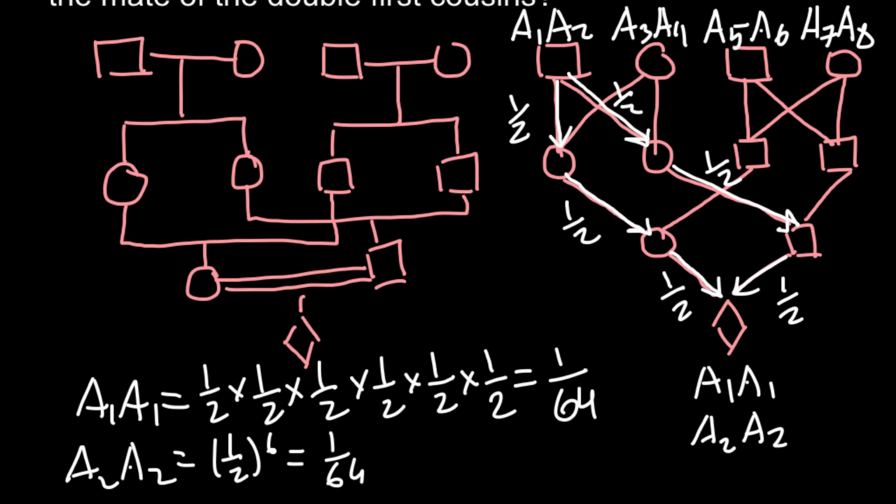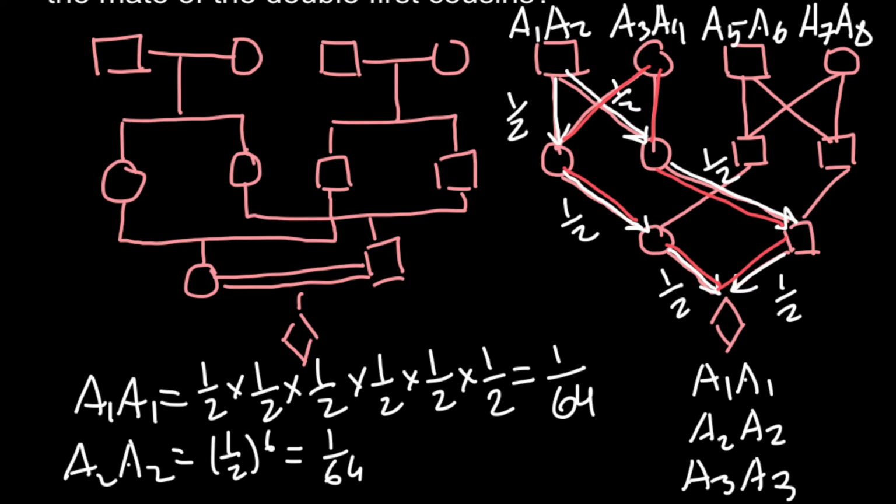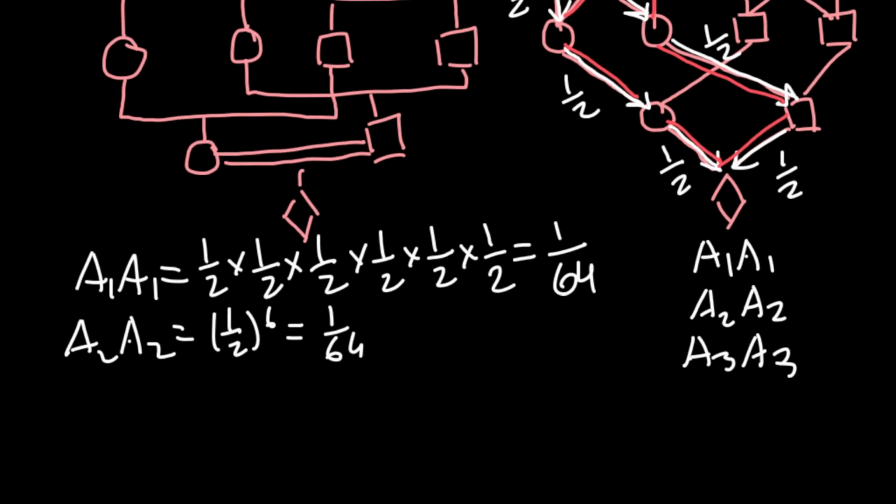This is going to be 1, 2, 3 first variant, and 1, 2, 3 second variant. But nevertheless, as you see, to be homozygous for the A3 allele would be the same probability, which is 1 over 64. So A3, 1/2 to the power of 6, 1 over 64.